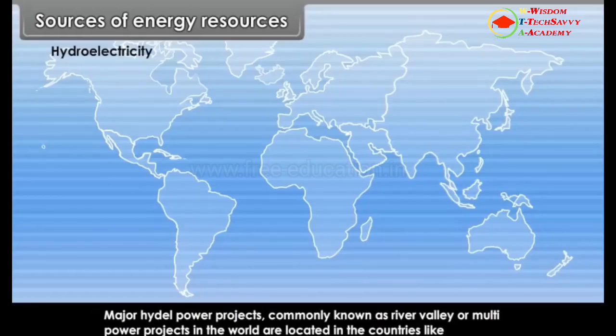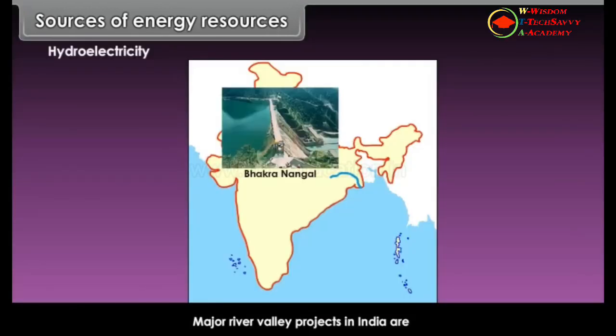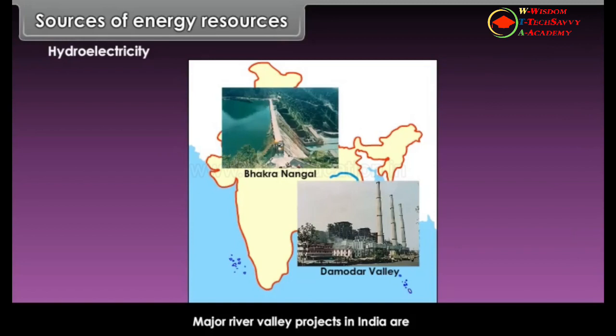Major hydel power projects, commonly known as river valley or multi-power projects in the world, are located in countries like Sweden, Norway, Switzerland, Canada and the USA. Major river valley projects in India are Bhakra Nangal, Damodar Valley Corporation, which produce hydroelectricity.